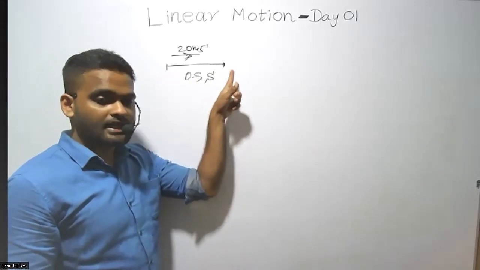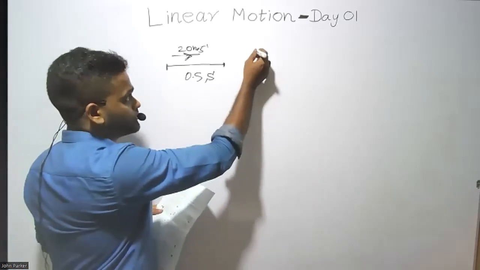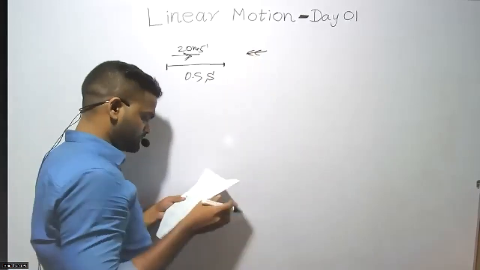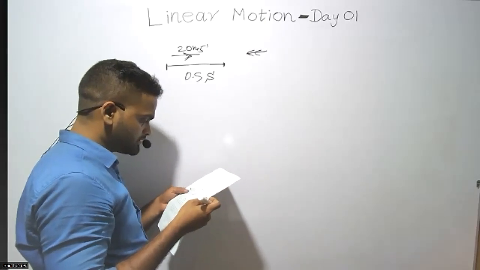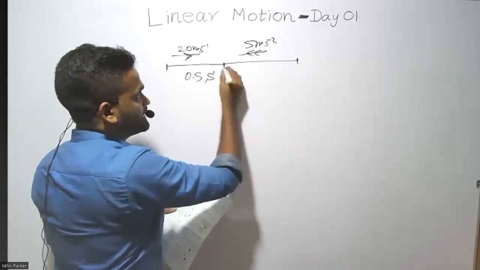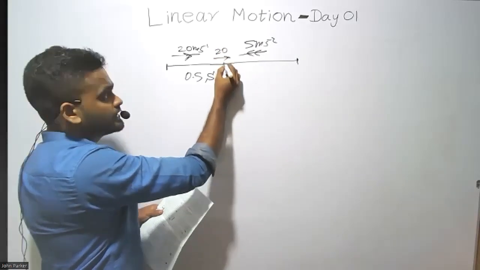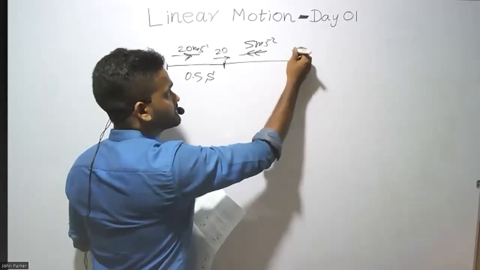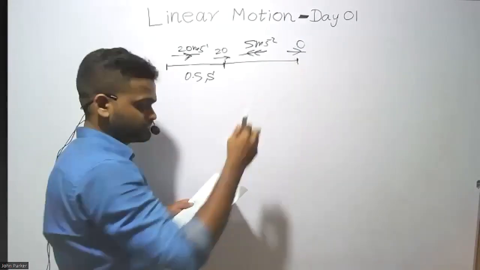Once the reaction time finishes, the brakes are applied, so there is the deceleration. Then the deceleration becomes 5. Here also velocity is 20 still. Then the velocity decreases. Then the velocity becomes 0. Finally, it stops right at this barrier.